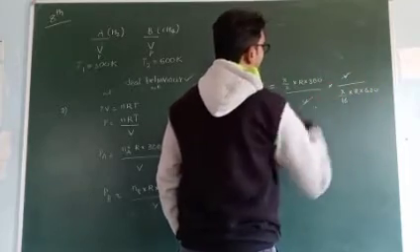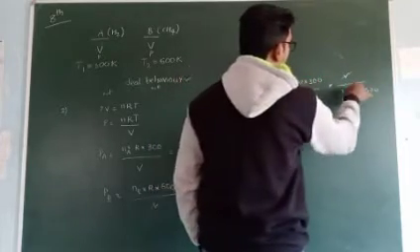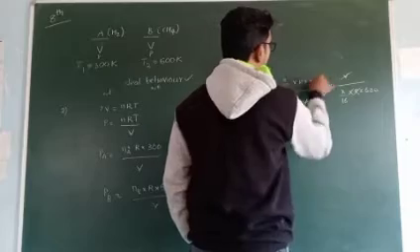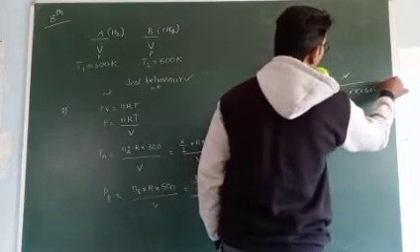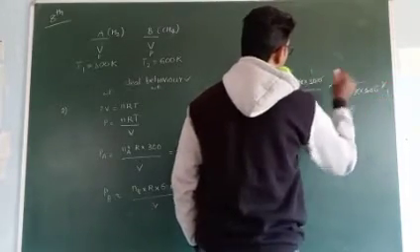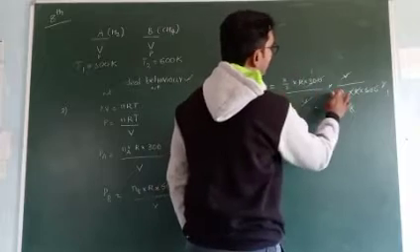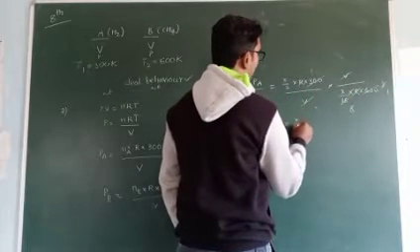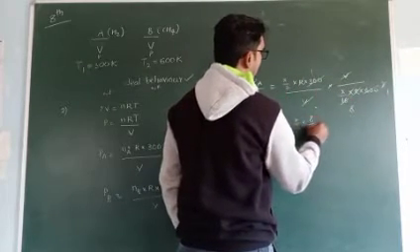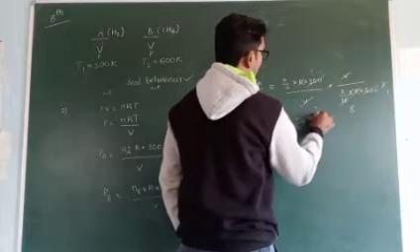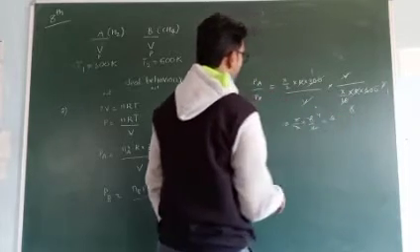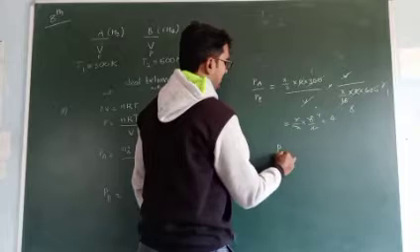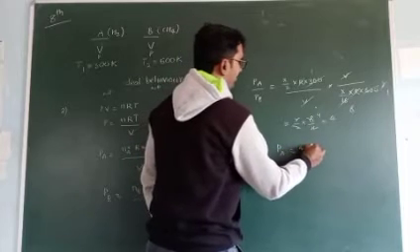So V cancelled, R cancelled, 300 ones are 300, twos are 2, ones are 2, eights. So x by 2 by x by 8. So x by 2 into 8 by x, x cancelled, 2 ones are 2, 4. This is equal to 4. So PA is equal to 4 PB.